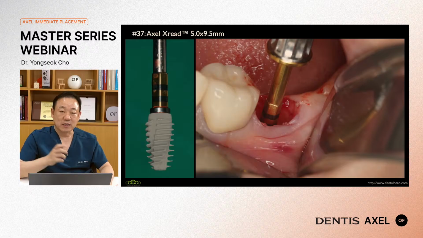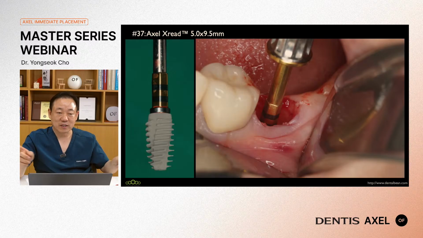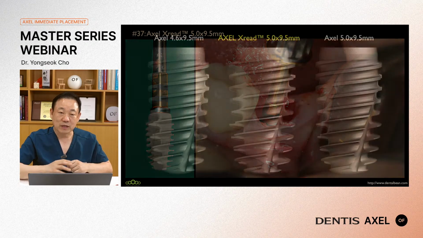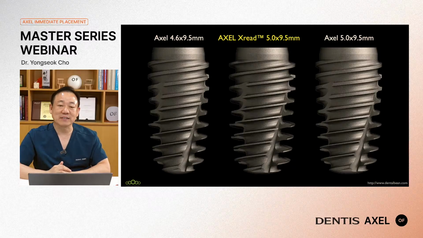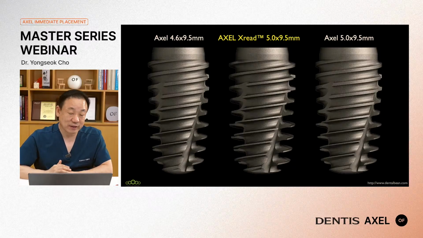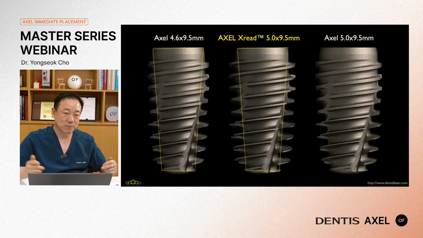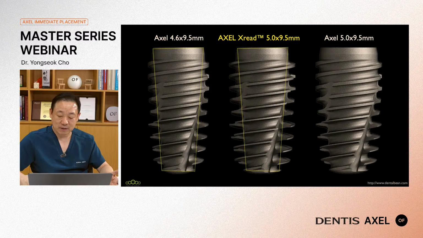It is a new one, and the thread is really sharp. Look at the comparison of the regular XL thread and the XL X thread. The X thread has a deeper pin. The body is the same.